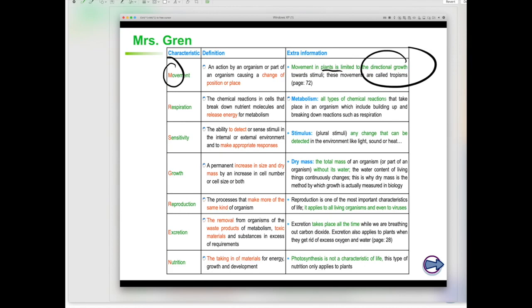This means that plants actually grow in the direction of light. This is also called movement. You have also the definition of respiration, which is to release energy, and you also have the definition of metabolism. Metabolism is also an important definition. In the textbook, wherever you see this sign of the head and the brain, this means it's one essential definition you have to really memorize.